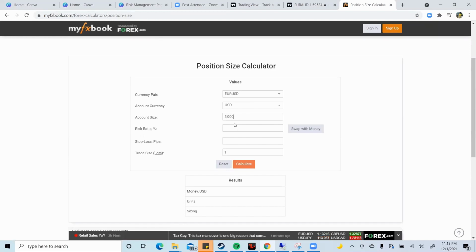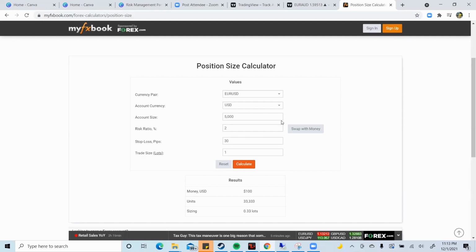For example, let's just put in the 2% risk, say you're doing a 30 pip stop loss. You see here on a US dollar backed pair, a 2% risk on 30 pips would be $100. And to risk $100 on 30 pips, you would be trading a 0.33 lot size.